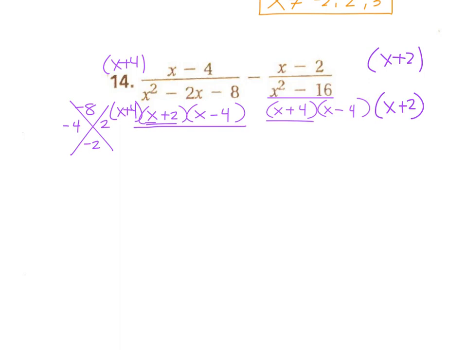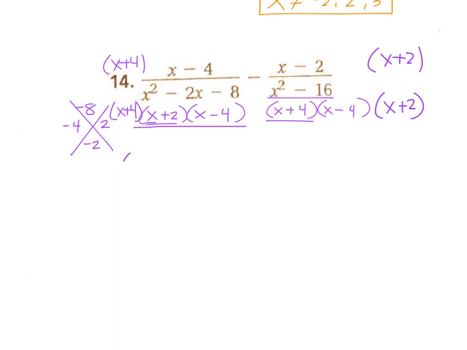Okay, now we simplify. Let's do this. I'm just trying to think how this is least confusing for everything you've got going on in this one.